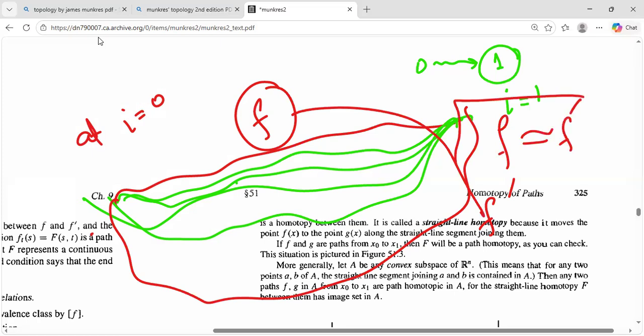We can say f and f prime are homotopic if there exists a map. What type of map?